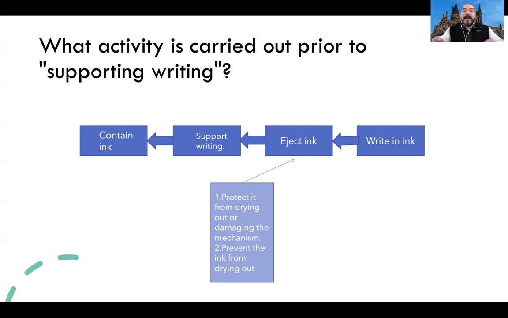If we eliminate all the parts that are doing a support function, we'll be left with this as a pen. And many of you can say, well, I'm not able to write with just those two or three parts.